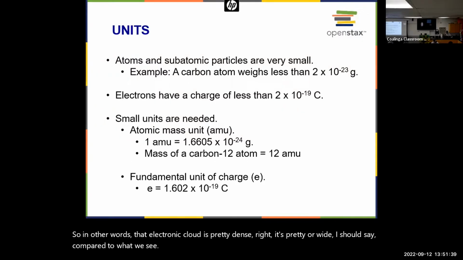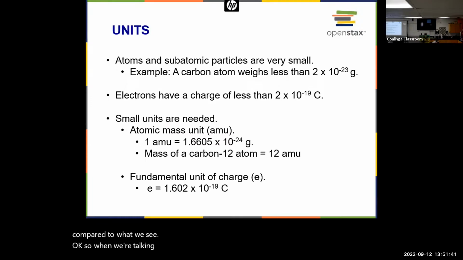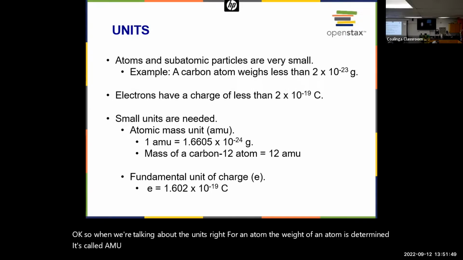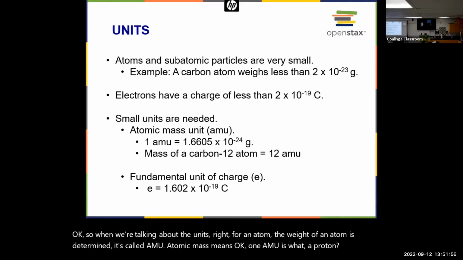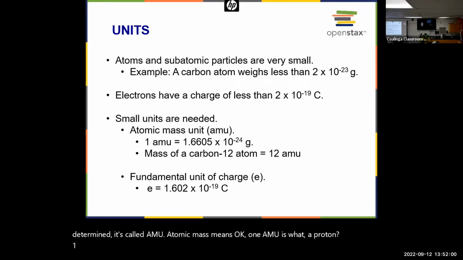When we talk about the units for an atom, the weight of an atom is measured in AMU, atomic mass units. 1 AMU is what a proton weighs. 1 AMU is what a neutron weighs.